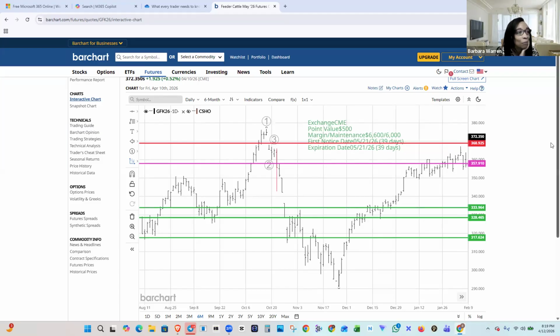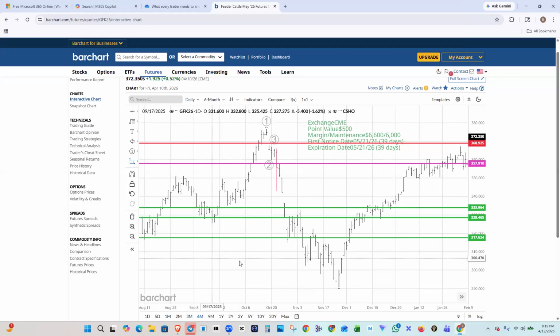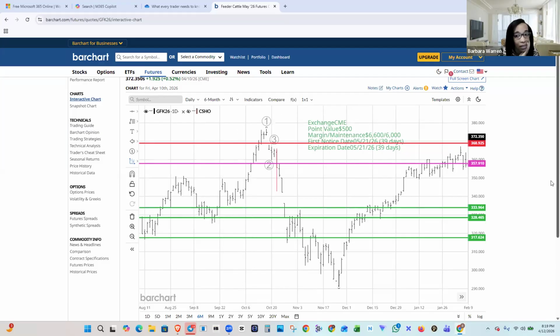So, yeah, I think you explained it very well. Yes. So remember, every point that this moves is $500. Can somebody tell me what a point represents?